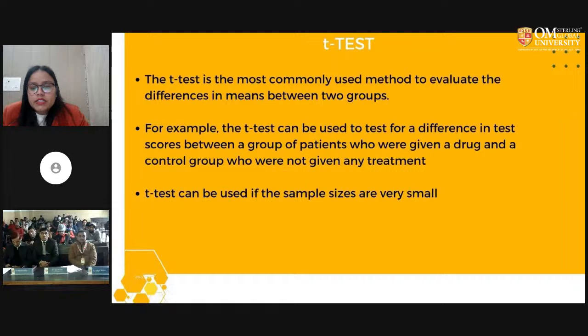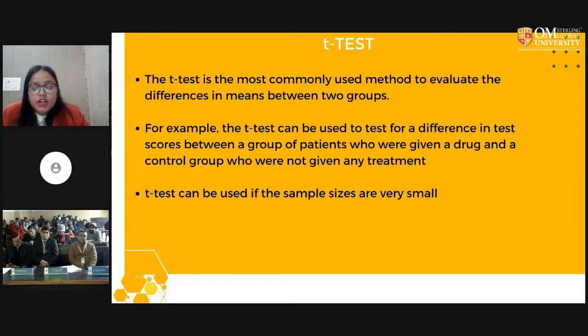This particular test is commonly used because this method will evaluate the difference in means between the two groups. As we have already discussed, whenever we are using the parametric test, they will be based on the mean value. So here the aim is to evaluate difference in means between the two groups.